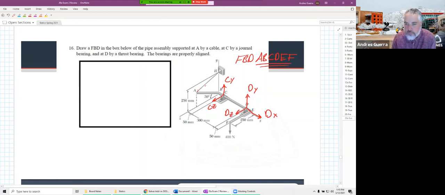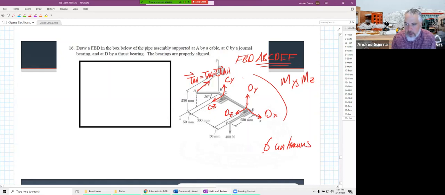Okay, so Dx, Dy, and Dz, we've got a Cy and a Cz. Now, both of these could also have a moment around the y and a moment around the z, at C and at D. But if we think about our FBD, the whole thing actually has, because we have a tension in AH over here, which we will express as a vector, which will be the magnitude times the unit vector from A to H. So actually right now in that FBD, we have 6 unknowns.